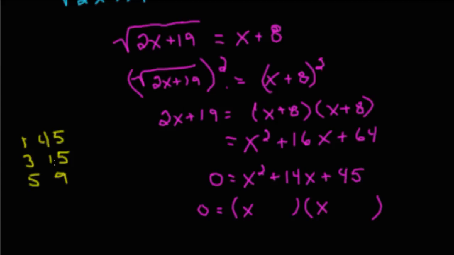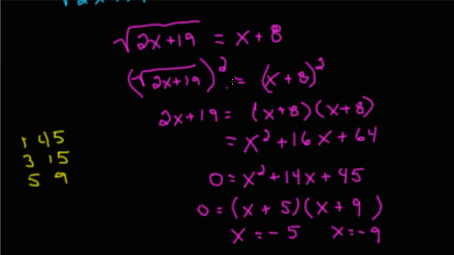So we need to find the factors of 45 that when added together will give us 14. Well, we could check each one of them, but we know that 5 plus 9 is equal to 14. So those are the factors that we're wanting, and it'll come over as x plus 5, x plus 9. So our possible solutions are x equals -5 and x equals -9.